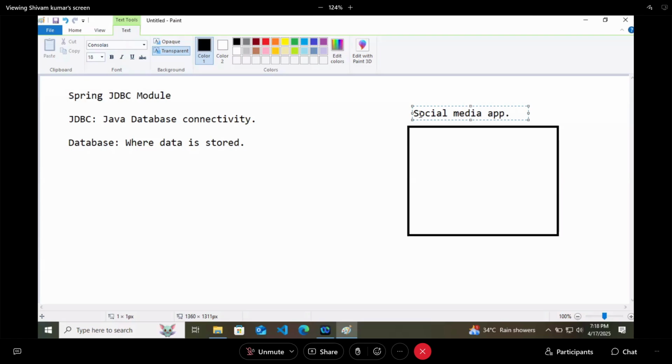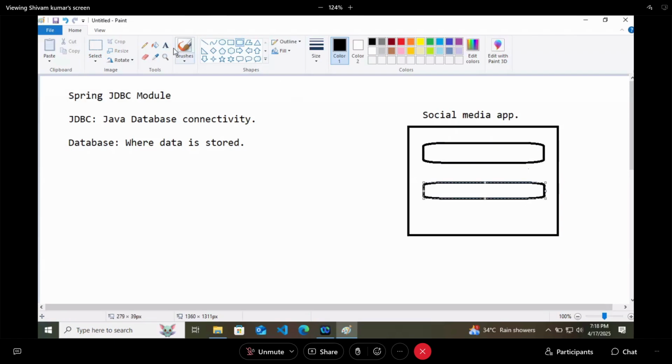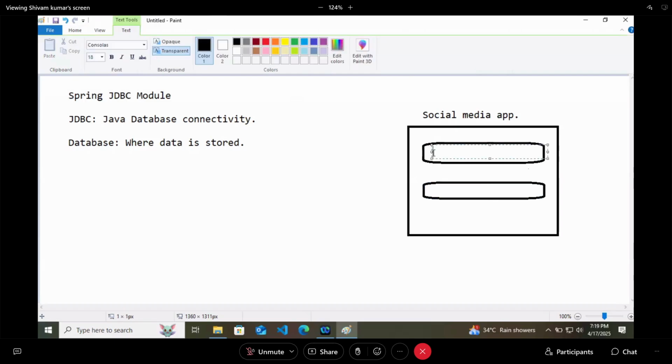Now you are going to this social media for the first ever time. Before today, you never visited it. It will ask you to create your account. Generally, you can create your account with an email and a password.